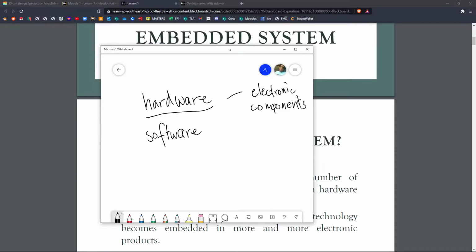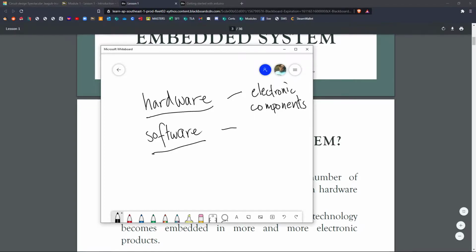We can consider them hardware. Meanwhile, the software is the parts that hardware uses in order to make them function. This is non-tangible, but we know it exists because it makes our hardware function. So it includes the program.